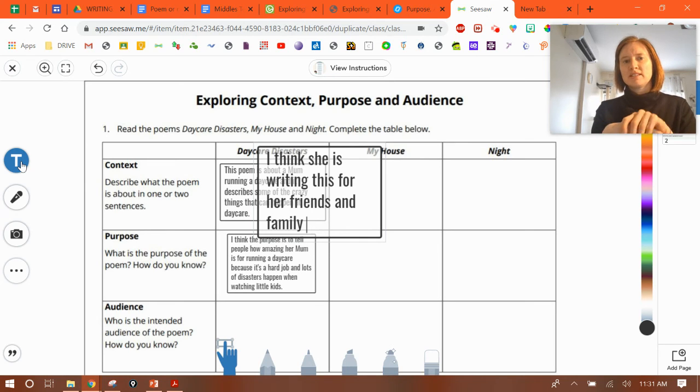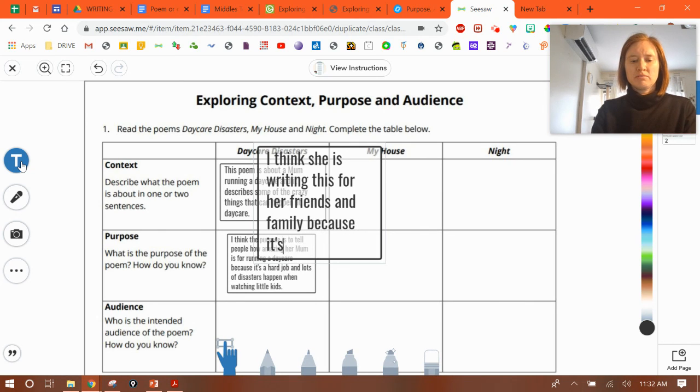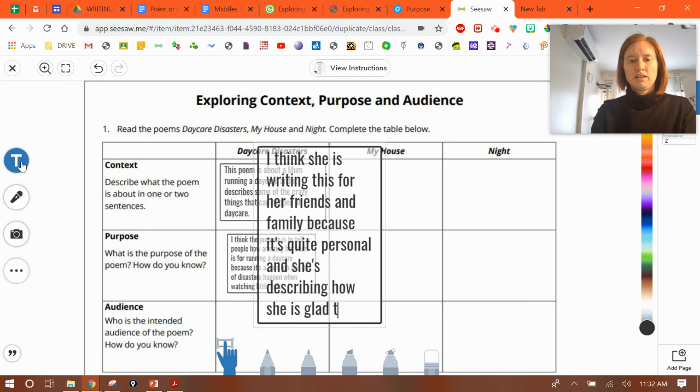She's wanting to explain and describe how she feels about daycare. I think it's because it's quite personal, and she's describing how she is glad that she gets to go to school.